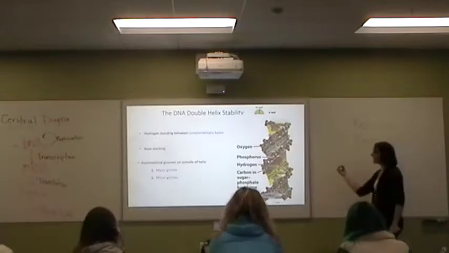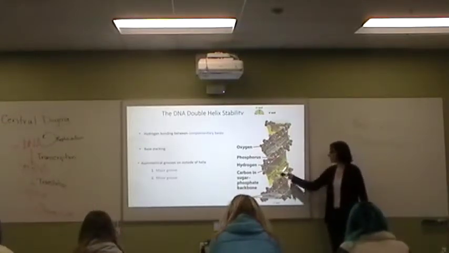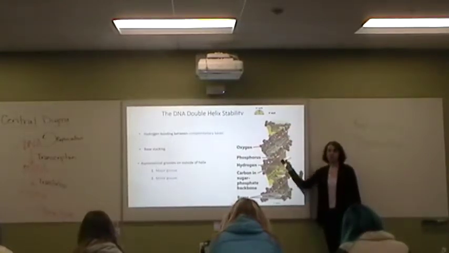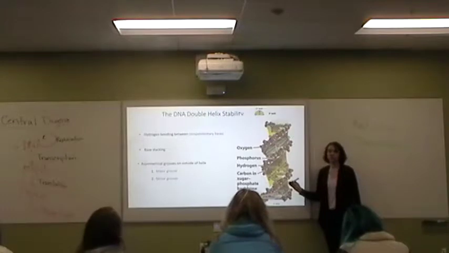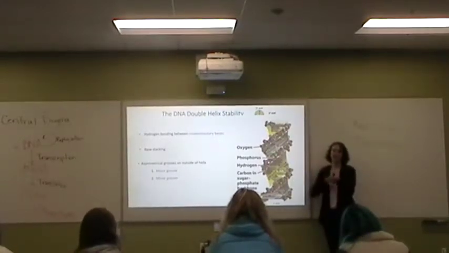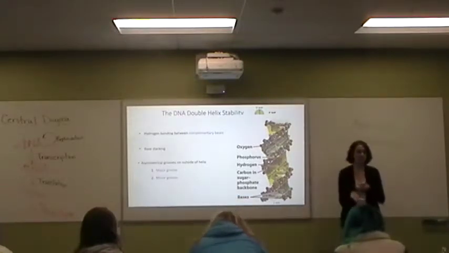So the way that we gain access to those nucleotides is through these major and minor grooves. Most of the time, these major and minor grooves are too small for most molecules to access or to get in and cause damage or changes to the nucleotide sequence.